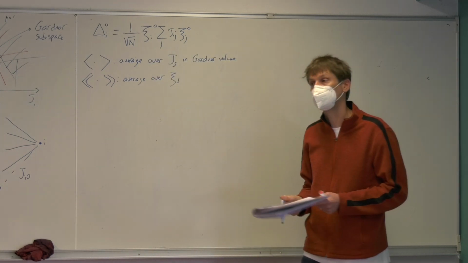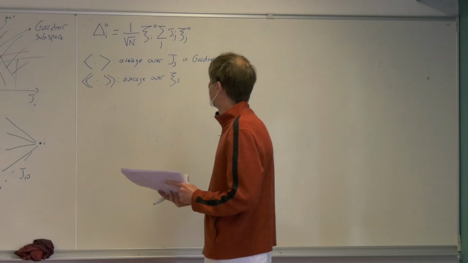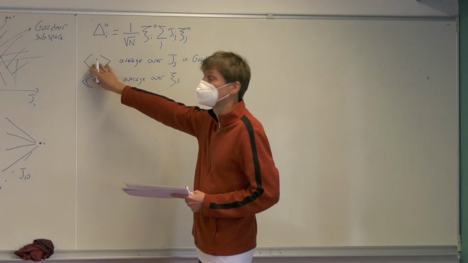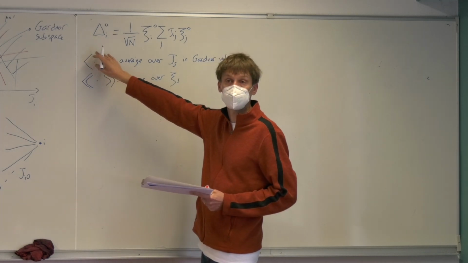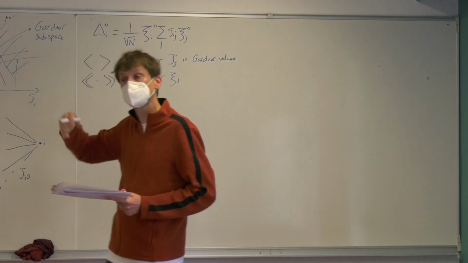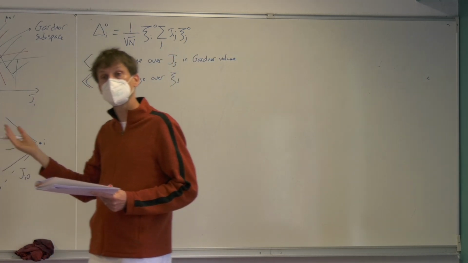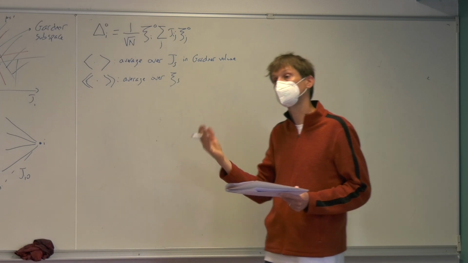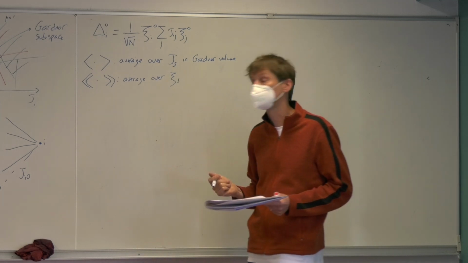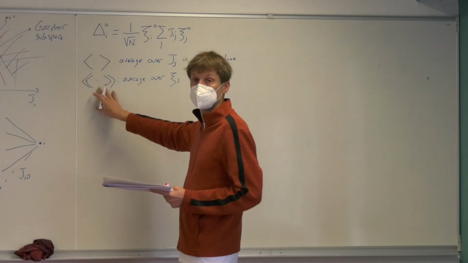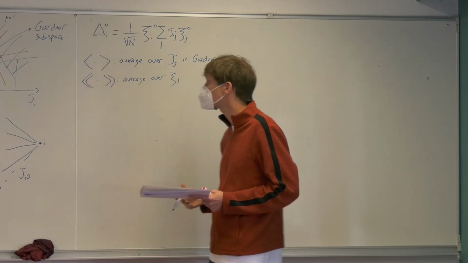So you have these 2 types of averages. This is in fact similar to a thermal average. This is like doing statistical physics in the space of synaptic weights, right? Instead of doing statistical physics in the space of neuronal variables. And this is the average over the disorder.